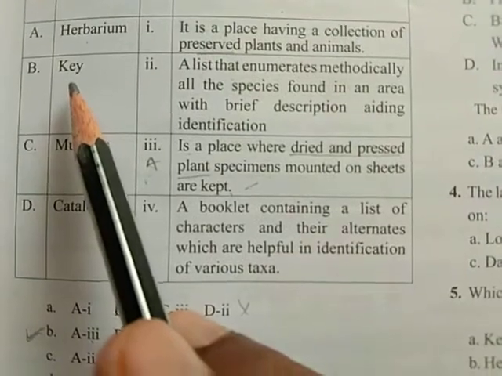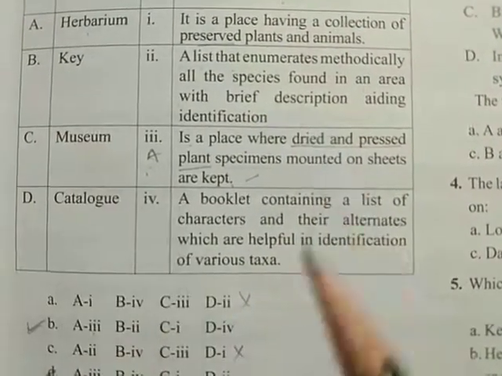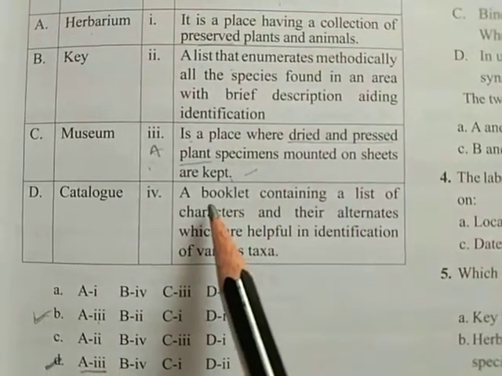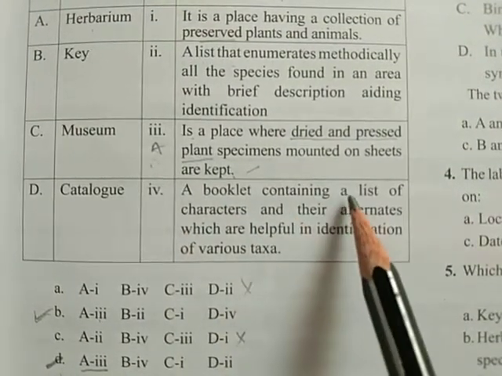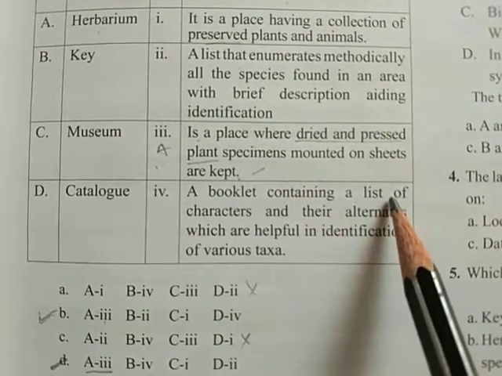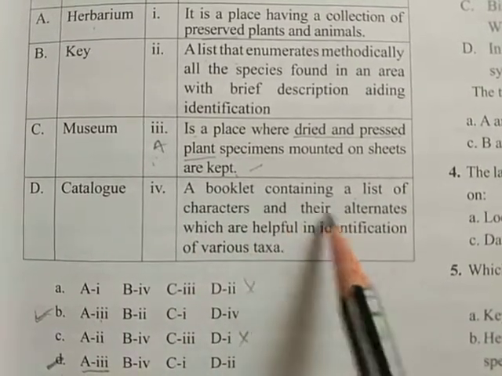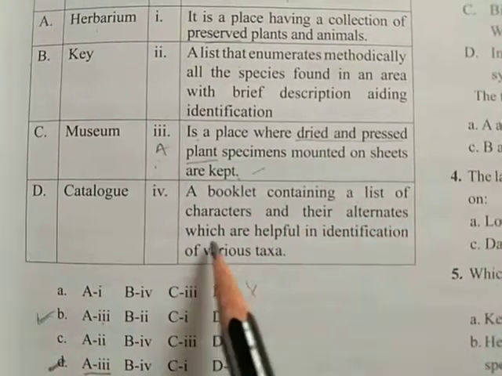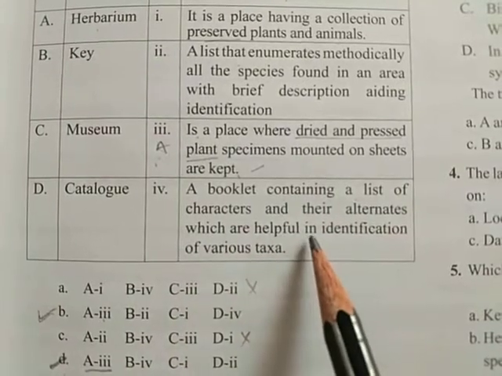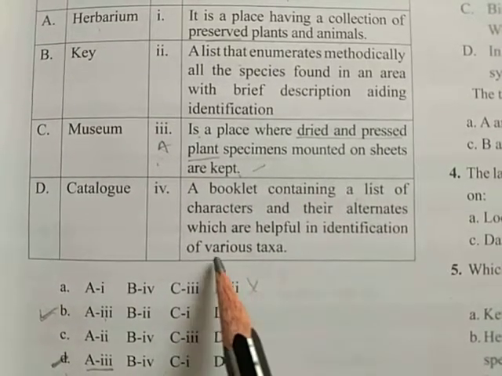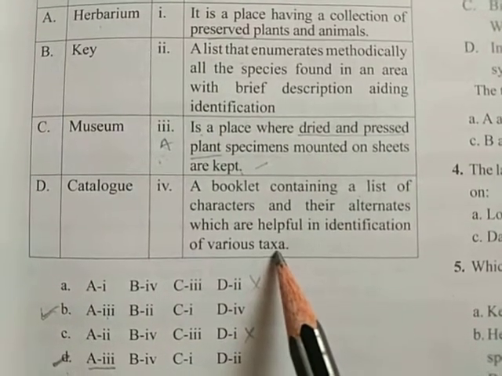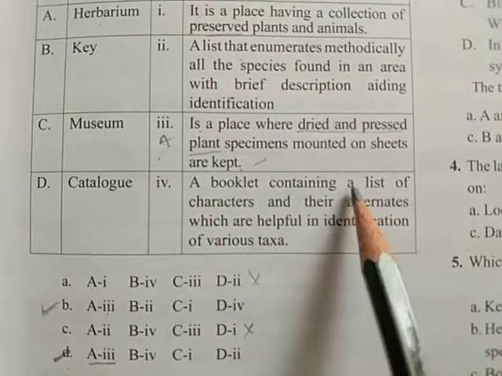B, key. So key is one more here: a booklet containing a list of characters and their alternates, which are helpful in identification of various taxa.